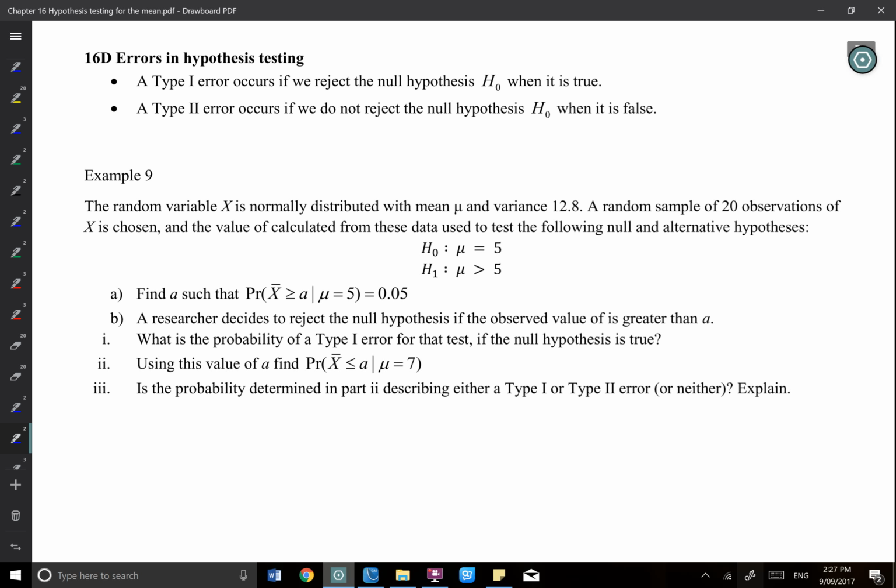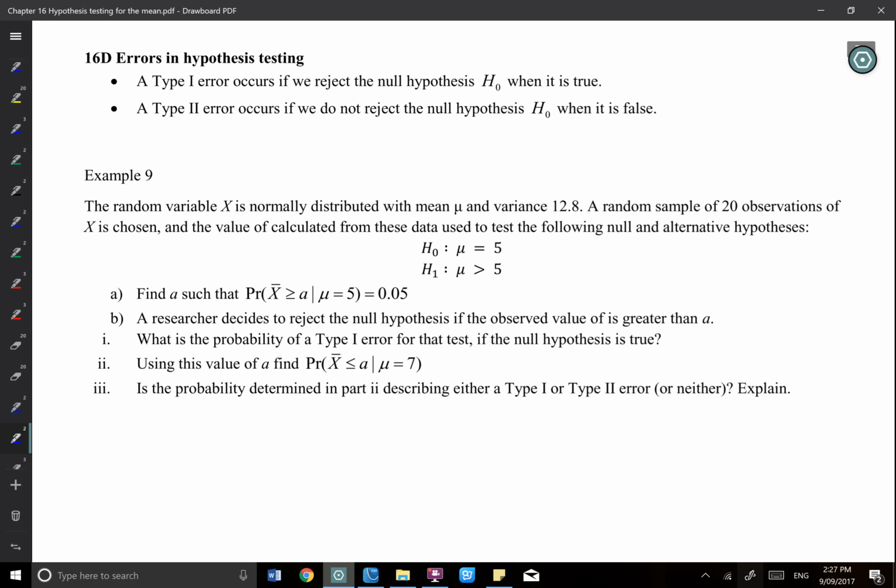The type 1 and type 2 errors describe the two errors we have. A type 1 error occurs when H0 is true, but we reject it. Which means what I assumed before is correct, but we reject it. A type 2 error is when we do not reject it, but it is actually wrong.